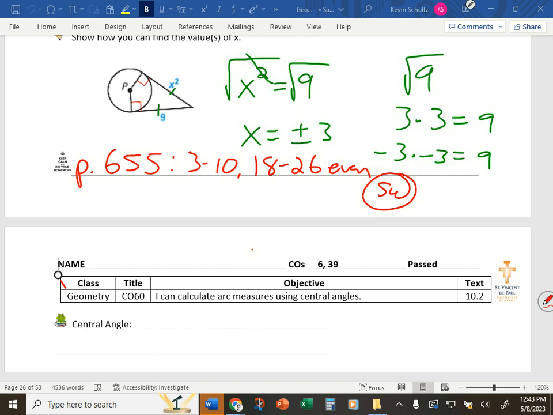Work does need to be shown. This is page 656 here. Wait, are they all even? Is this extra credit? No, it's a 3 through 10 game, all of it. Otherwise, I wouldn't say 3. 18 through 26 even. Show work.